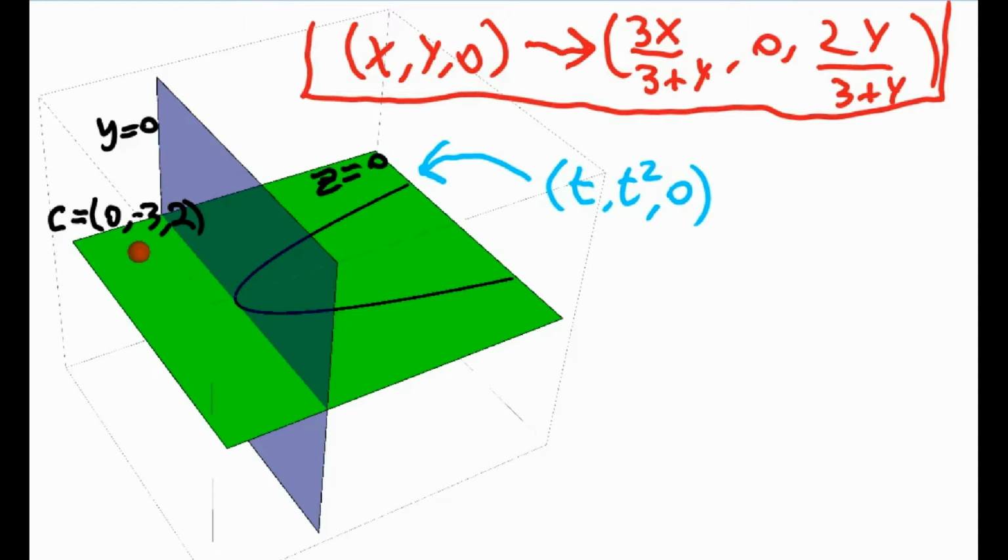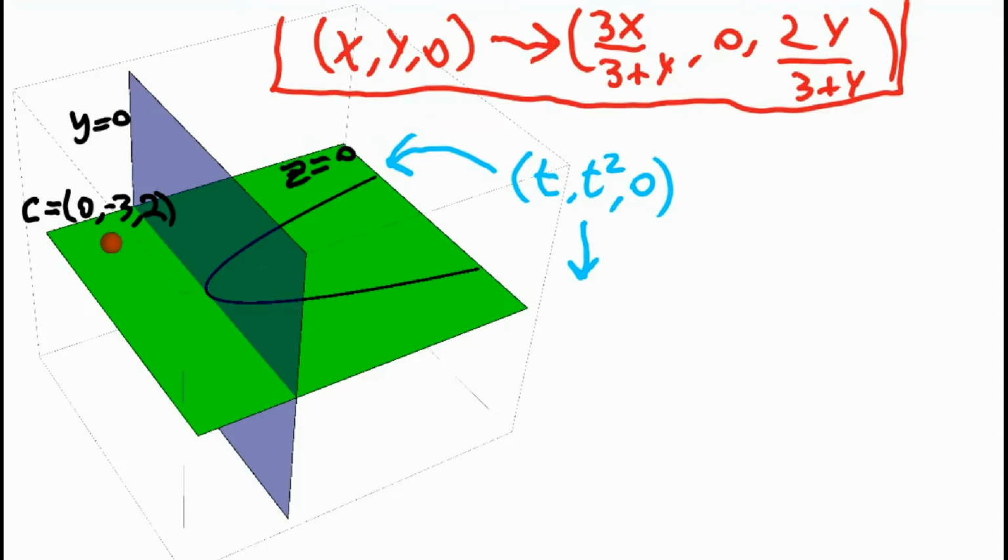So in particular, all we do is just apply this rule when x is equal to t and y is equal to t squared. And then we're going to get a parametric equation for the curve, which is the image of this parabola. So let's see what happens.